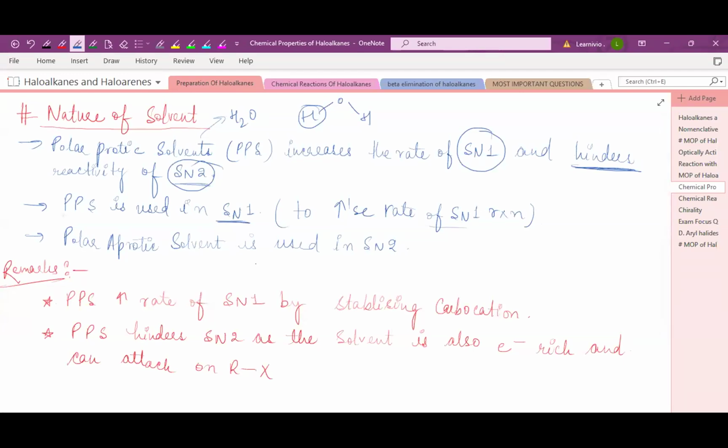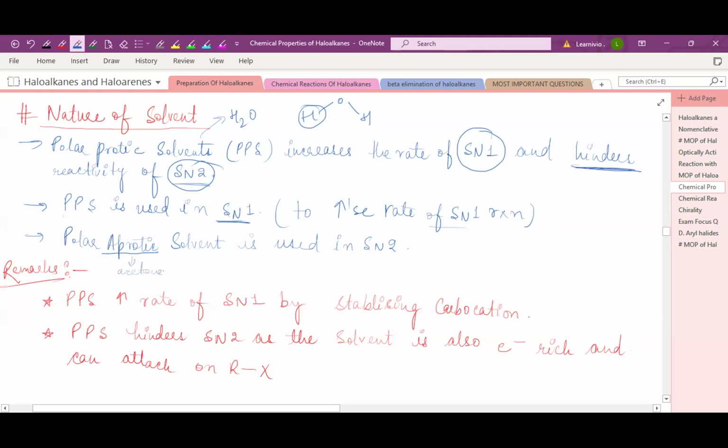Okay, so polar aprotic solvent. Aprotic means A, the absence. It should be polar, meaning there will be polarity there, there will be an electronegativity difference, but the proton will be absent. Proton should be absent, just like acetone.